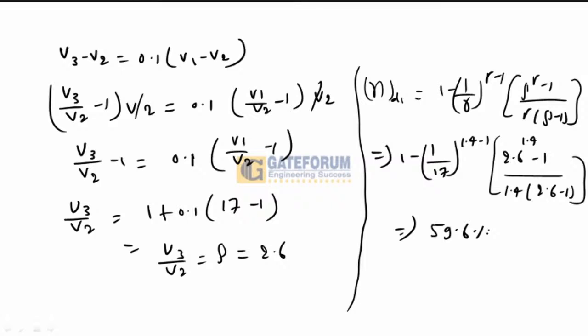Whenever you see the same compression ratio given in the question, don't be confused, tick that the efficiency of the auto cycle will always be more. And if this point is not given in the question, that is, same compression ratio is not given, then we can go with the option having the diesel cycle more efficient.